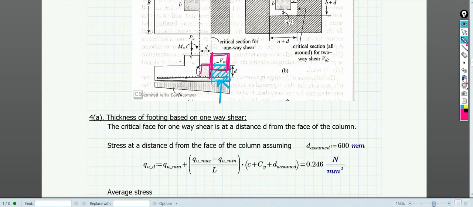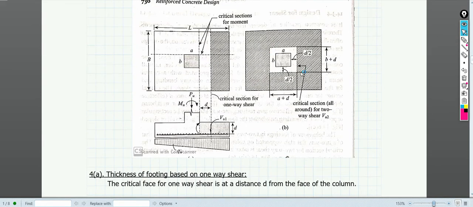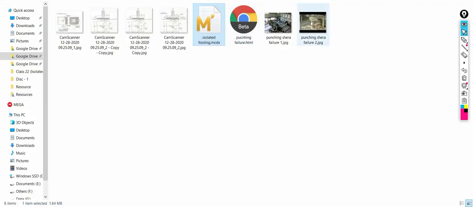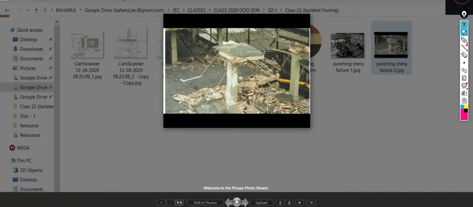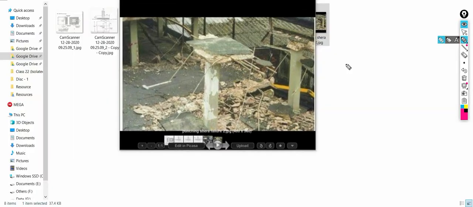In the other case, the column might punch through the footing. Here you can see that this is a slab and this is a column.